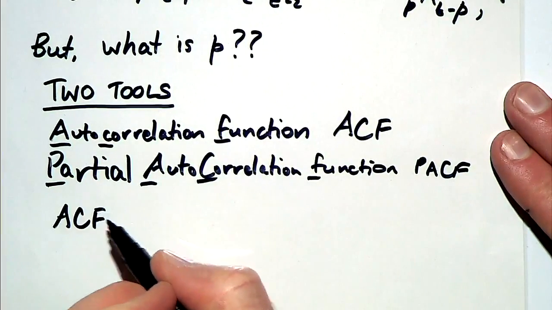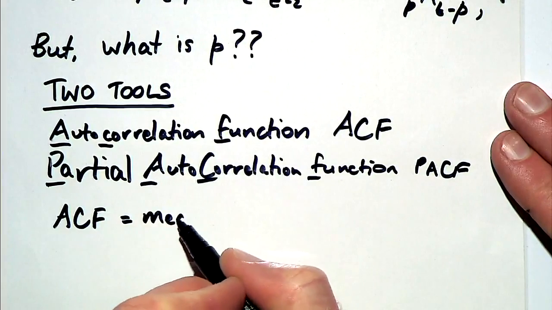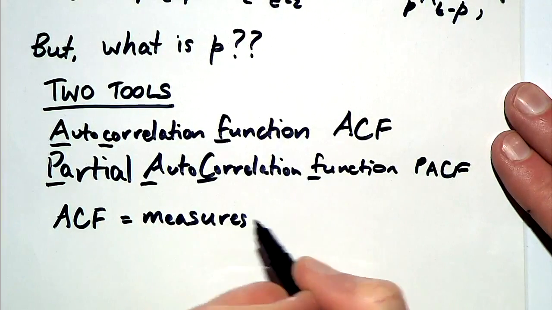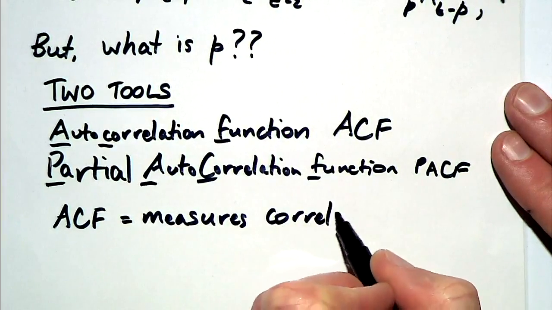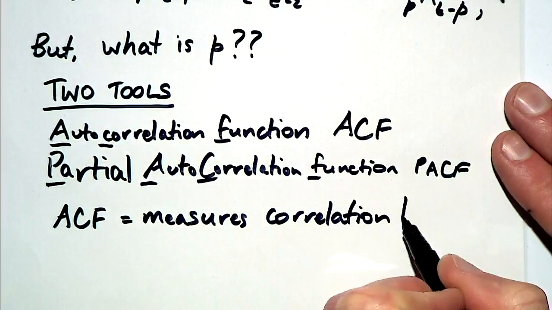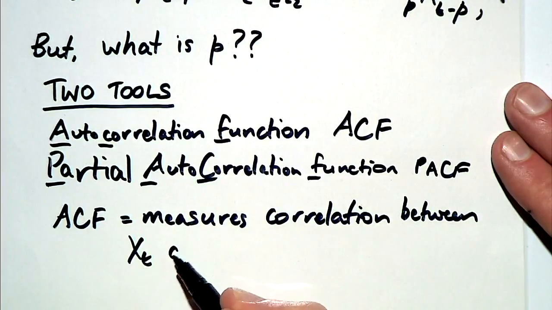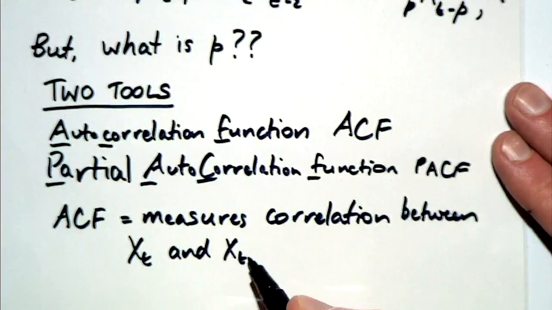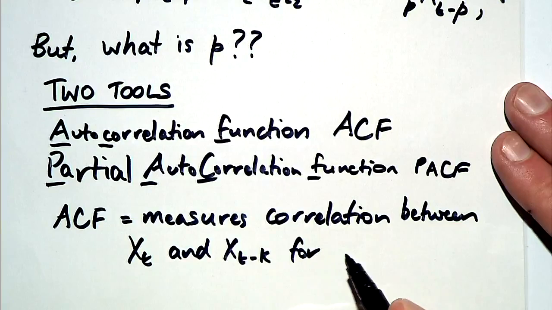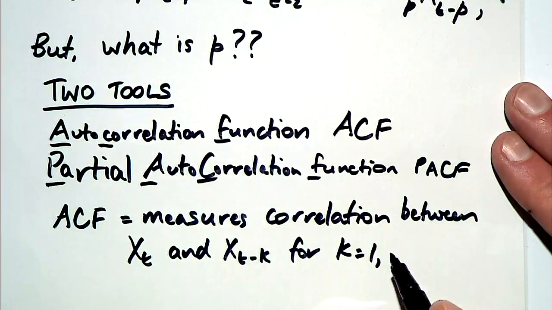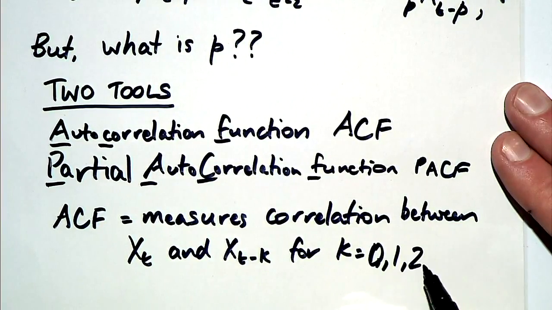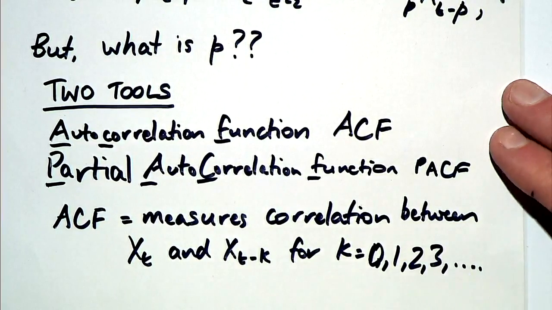What's the ACF? It measures the correlation between xt and xt minus k for k equals 0, 1, 2, 3, and so on.